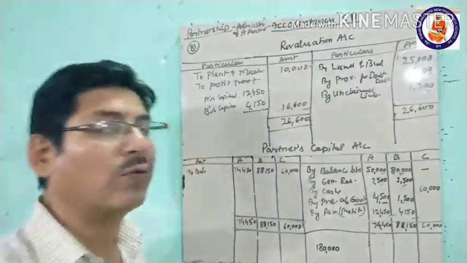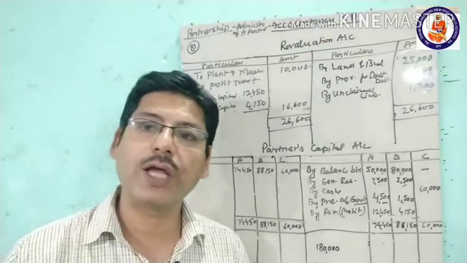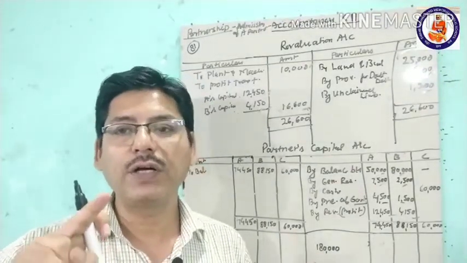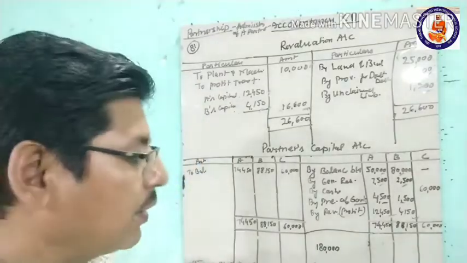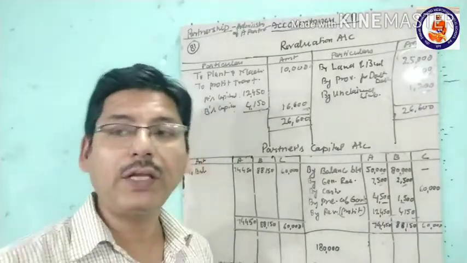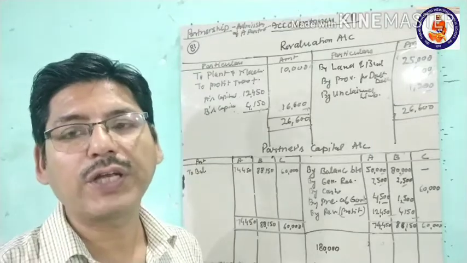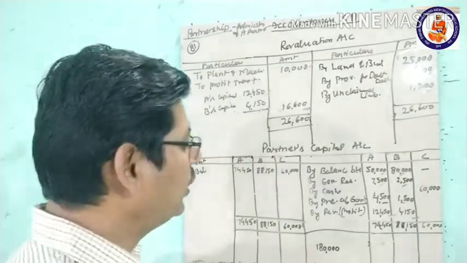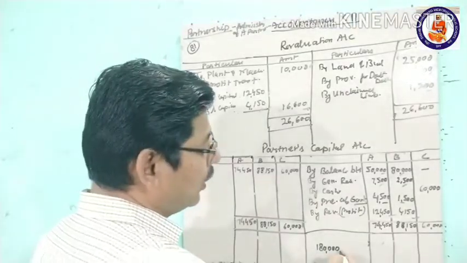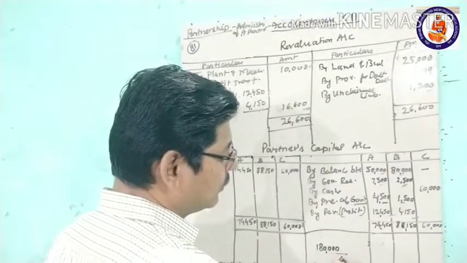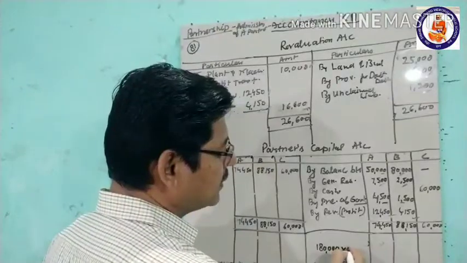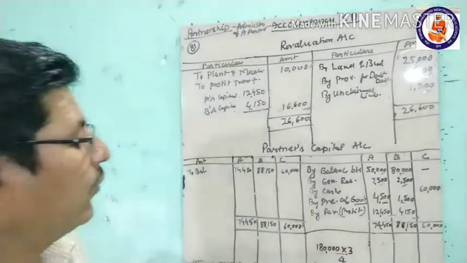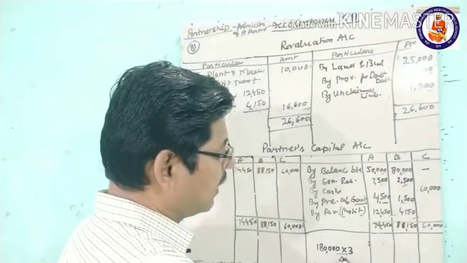So we find out in what ratio they are distributing the profit. They are distributing the profit in the ratio of 3:1. In future also, between them the profit sharing ratio will be 3:1. So out of 4 shares, A will get 3 shares.